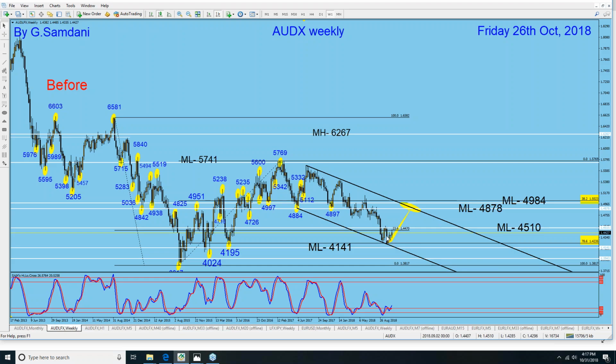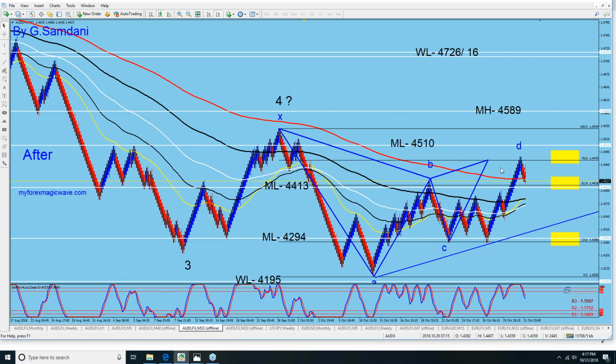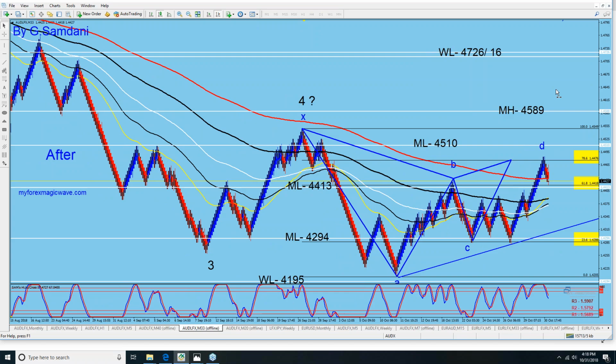But here on a small scale, what we had is that we finished the girdle. I made it when we were bouncing from this area, right? So after several days, or probably a week, we finally went there and hit and finished the girdle pattern. And usually you get a reaction from the girdle pattern. Looks like we're not gonna get it, okay?